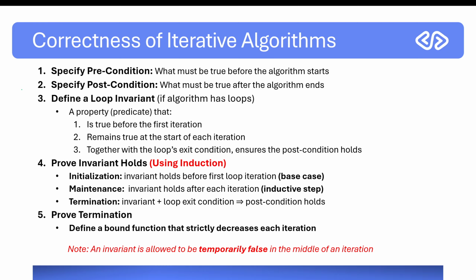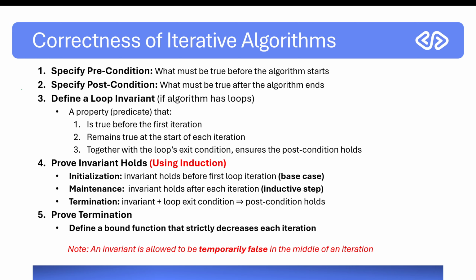Okay, so we need some info first. We need to know what must be true before the algorithm starts, and what must be true at the end of the algorithm. And then if your algorithm has a loop, you can define the loop invariant.